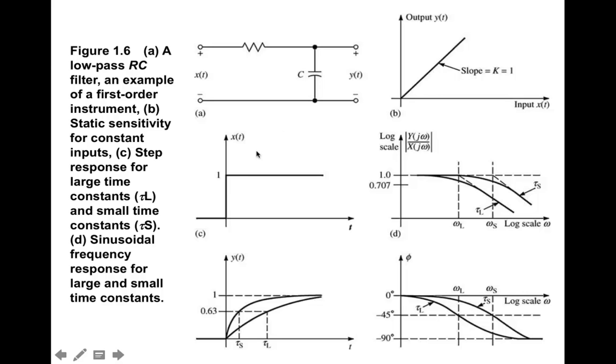So if we now have a step input, what we find is that the output will change in time, and it also changes in frequency. So if we look at a frequency input, we find that for frequencies below the cutoff, which is defined by the values of R and C, we have a fairly flat response.